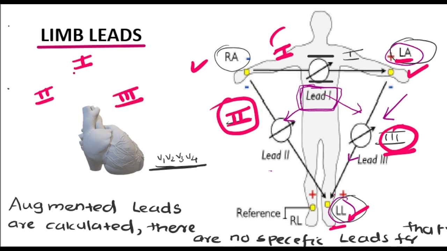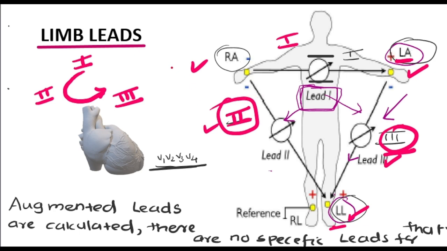Numbering should be done in an anti-clockwise direction. So here is lead 1, this would be lead 2, this would be lead 3. So we have three limb leads.